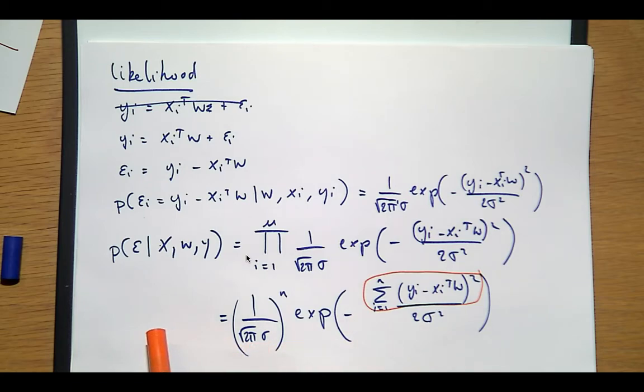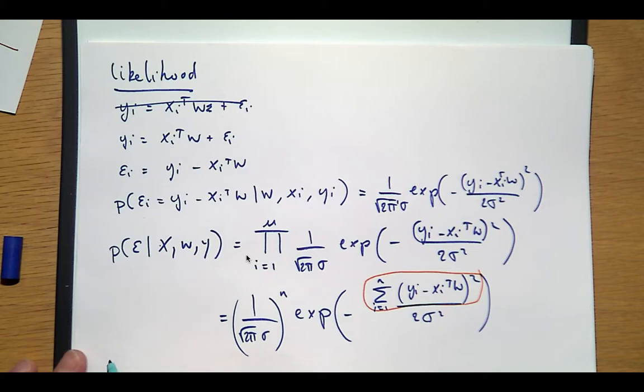So what Gauss has shown, okay, is that if you assume that it's independently distributed and that your error follows a Gaussian distribution, then the likelihood of your error is actually related directly to your least square error, or to your sum of squared error.